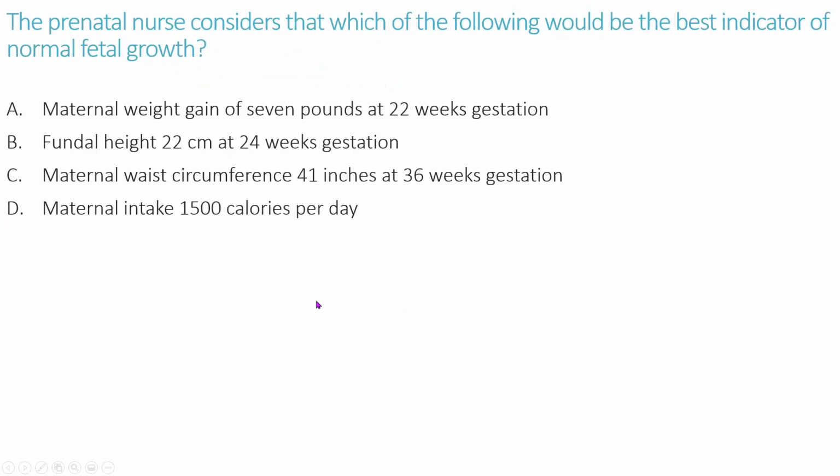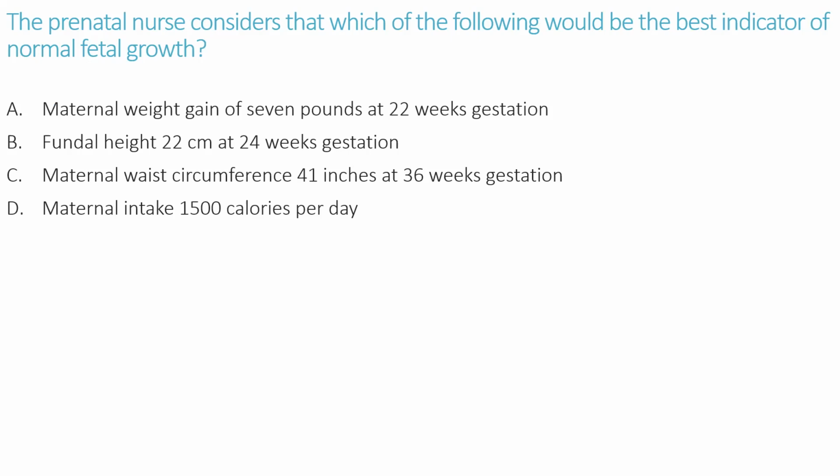The prenatal nurse considers which of the following will be the best indicator for normal fetal growth. Can I give you guys a second on this one? With this one, friends, we're talking about fetal growth, so this would be more along the lines of looking at our fundal height.